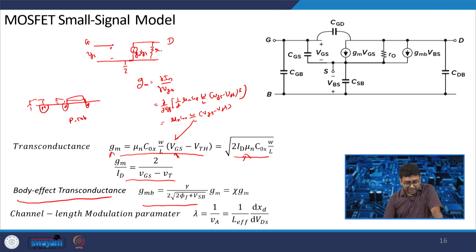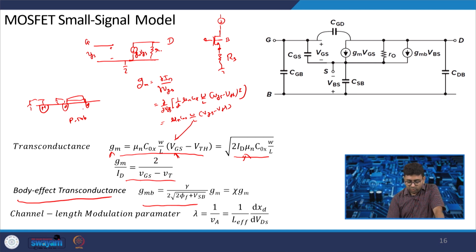but when we connect some resistance, or if there is a change in the potential at the source, let us say this is a common source amplifier with a source degenerated load, then this potential will not be ground, and because of that we need to consider the change in the potential between body and source.